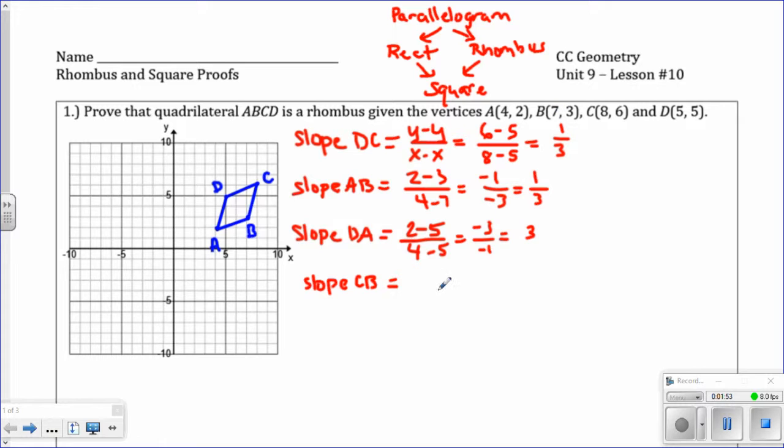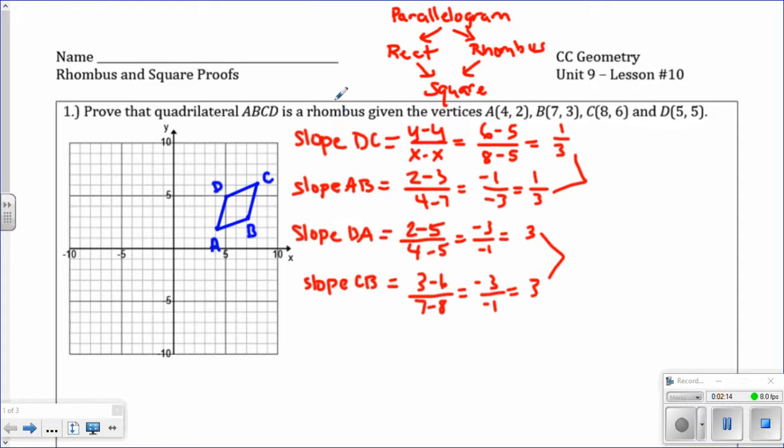CB, I'm going to look at B first. So I have 3 minus 6 over 7 minus 8, which gives you a -3 divided by -1, which is a positive 3. So you can see that opposite sides are parallel because they have the same slope. Thus, it's a parallelogram.